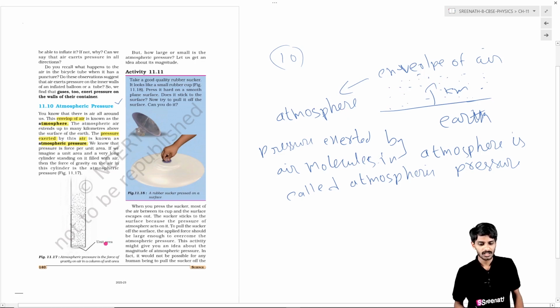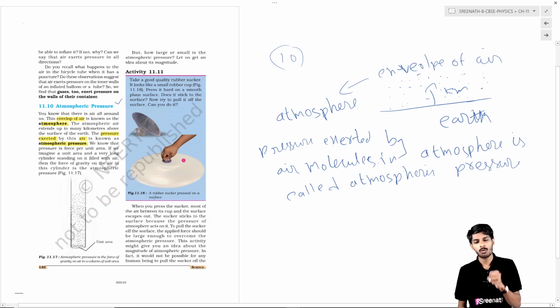What is meant by atmospheric pressure? It is nothing but the pressure exerted by the atmosphere. Now, in mathematical form, take a unit area. The molecules over that unit area exert a force on it. That force per unit area is called the atmospheric pressure.